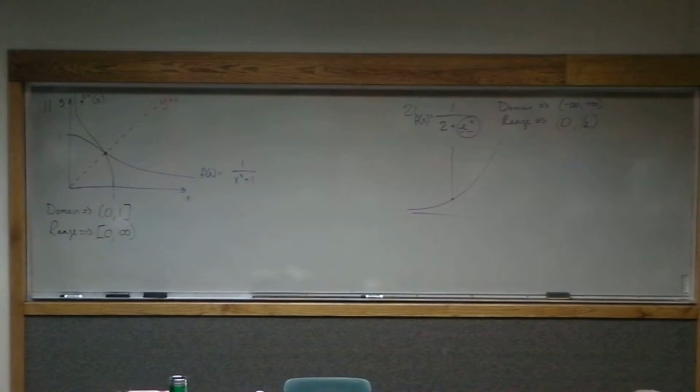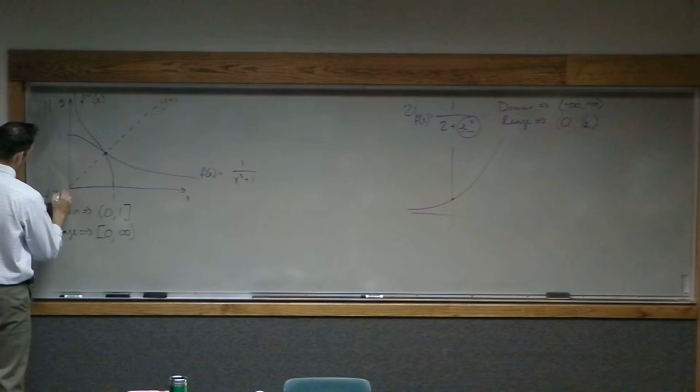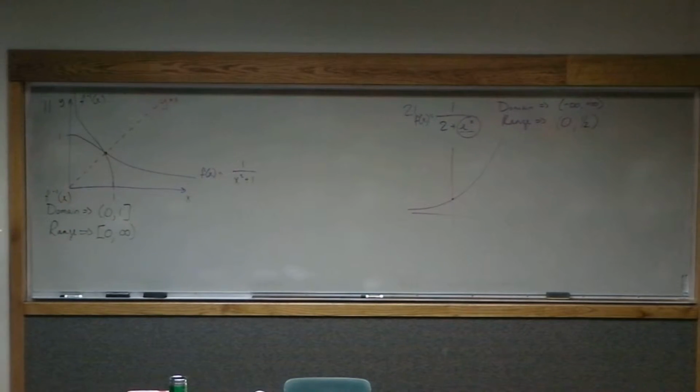On the domain and range, are you just looking at the black line? Oh, okay. Yes, or you can do the domain and range of the original function, correct, right.